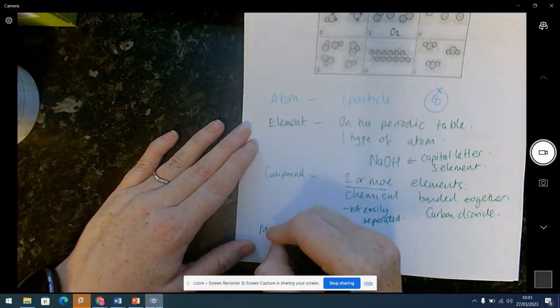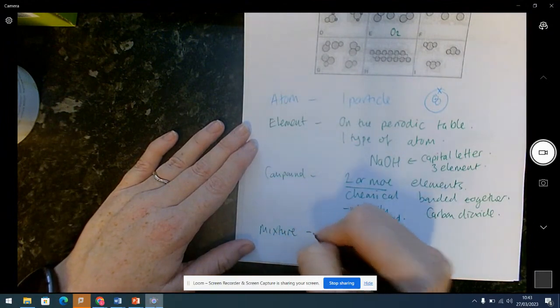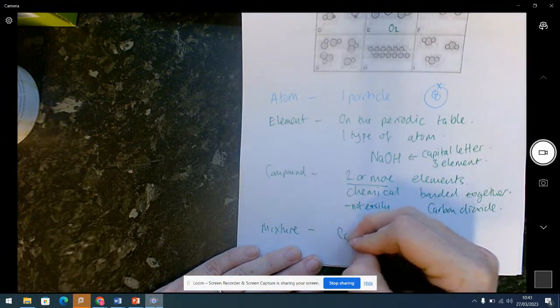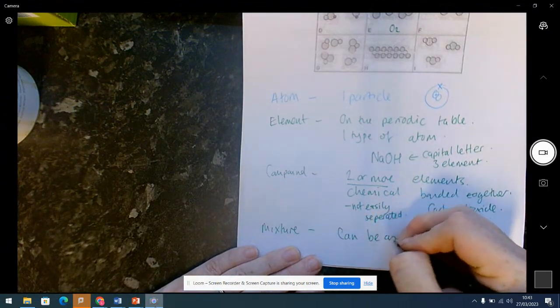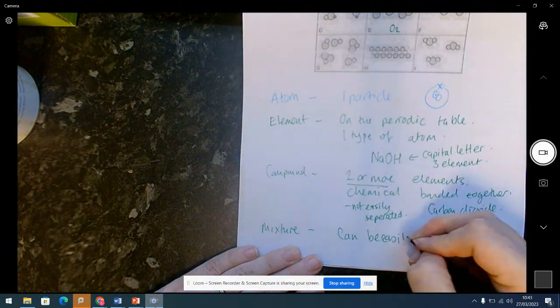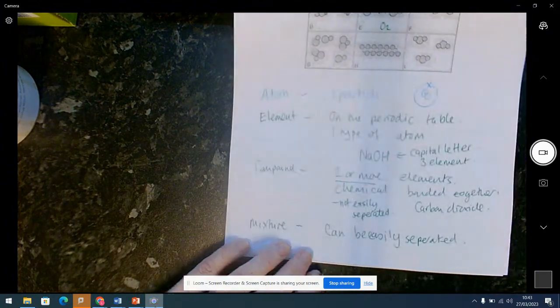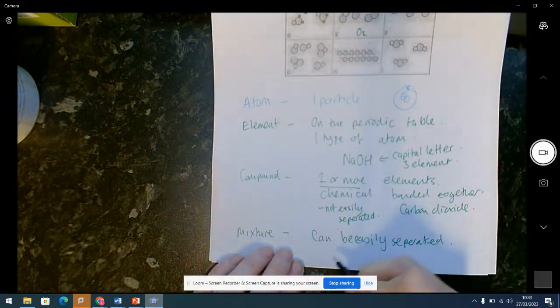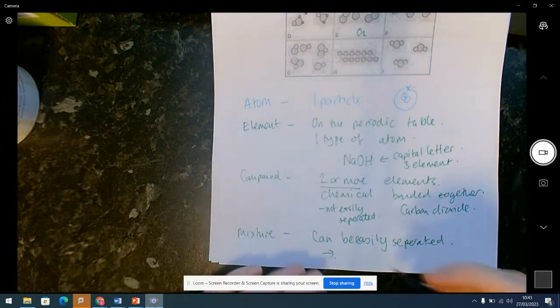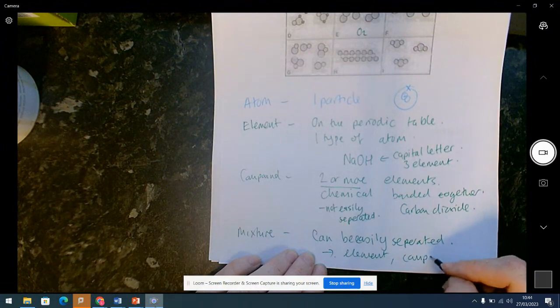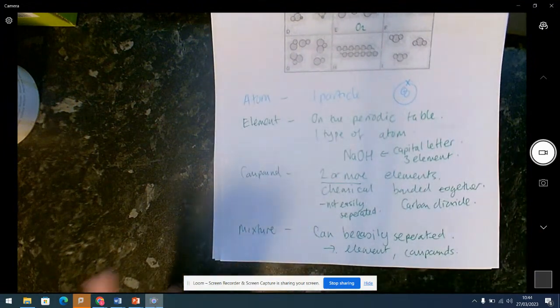And then the final word we're looking at is a mixture. Okay, and this can be easily separated. So for example, the air is an example of a mixture that can be easily separated, and it's usually made up of elements, compounds, or it could just be compounds, but the key to this is knowing that it's 2 or more.